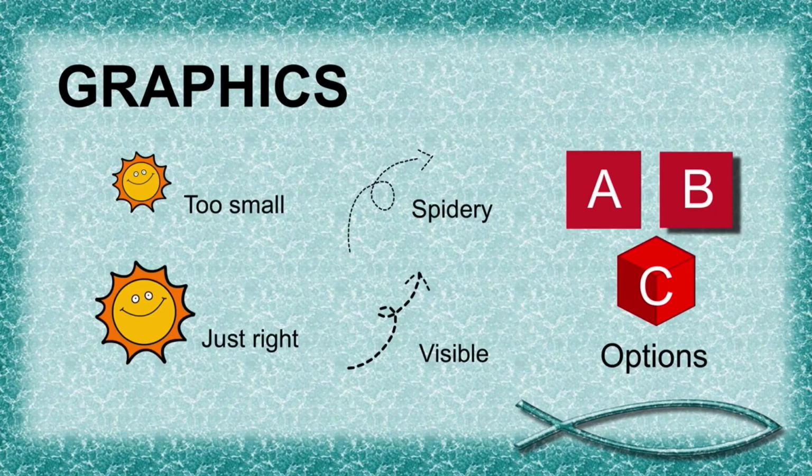For the first portion, we should always use the right size of a picture or a clip art. For the second portion, we should always use pictures or clip arts that are visible to our eyes. For the third portion, we have different options to make our clip art or pictures beautiful. It can be normal, or you can put a shadow on it, or you can have it in 3D form.